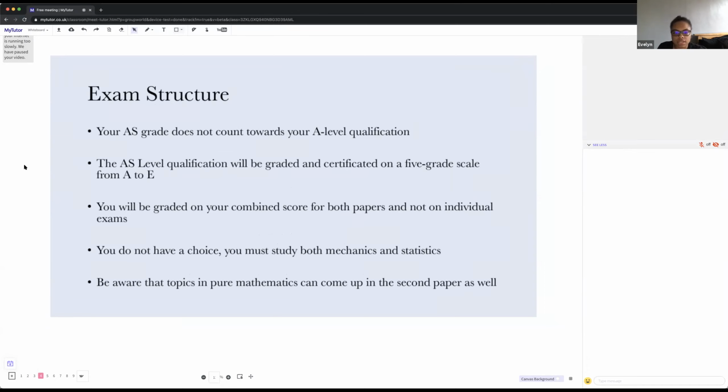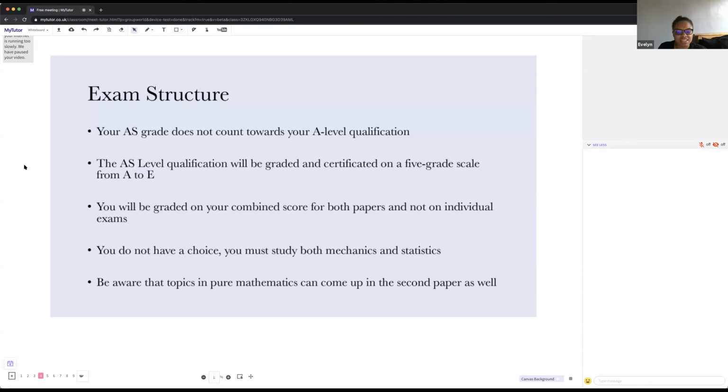If you decide to continue and do A level maths in year 13, whatever grade you get for your A level is from the exams that you take at the end of year 13. The grades that you get in your AS, the exam that you take in year 12, do not count towards the grade that you get in year 13.